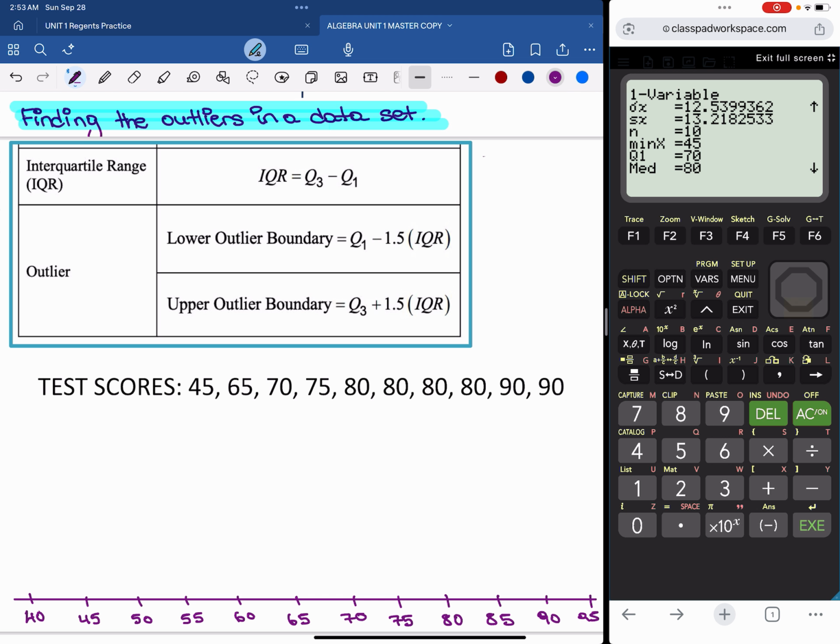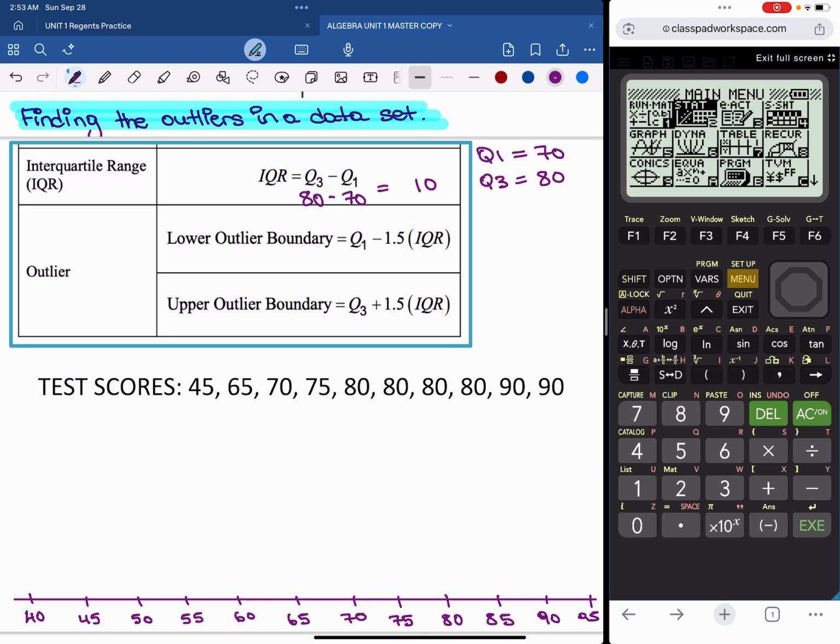We scroll down a little bit, and here we see that our Q1 is 70 and our Q3 is 80. So our IQR is Q3 minus Q1, which is 80 minus 70, which is 10.